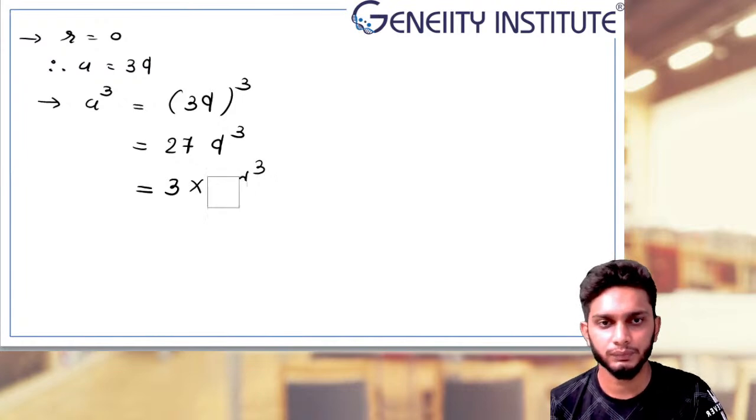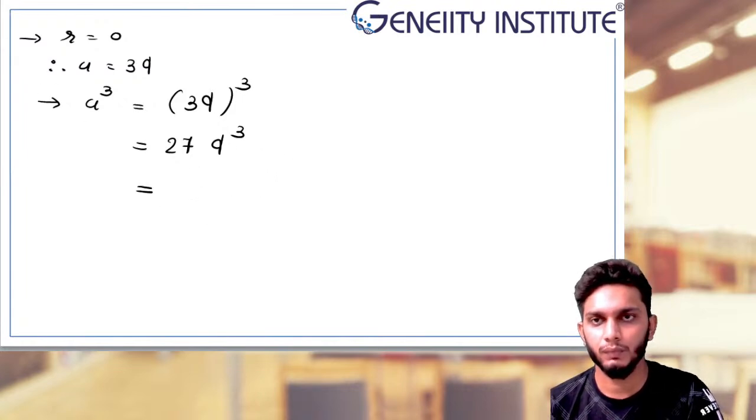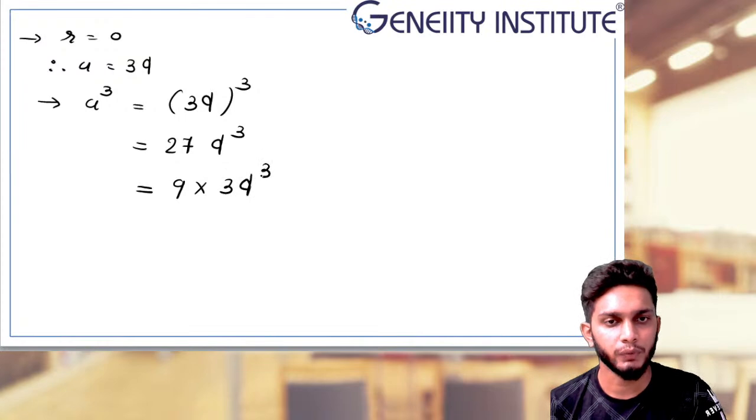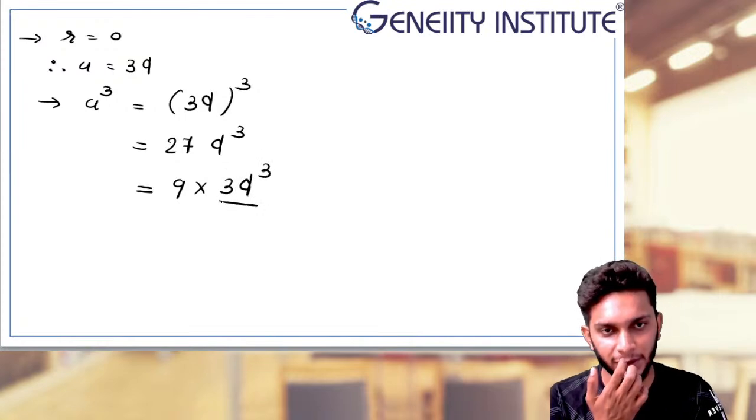27 can be written as 9 threes are 27, and q cube. So 9 threes are 27, 3q cube.